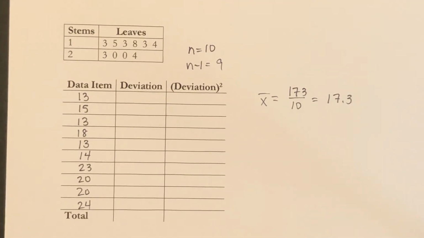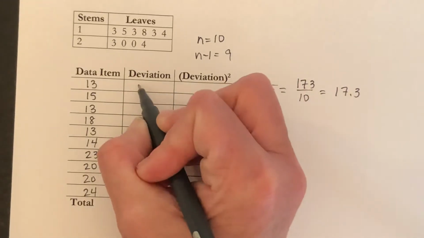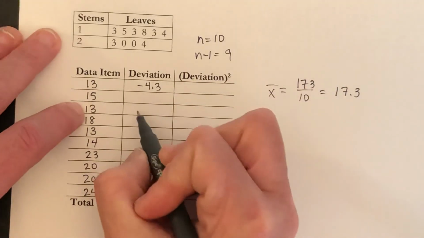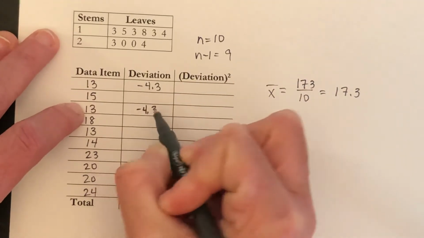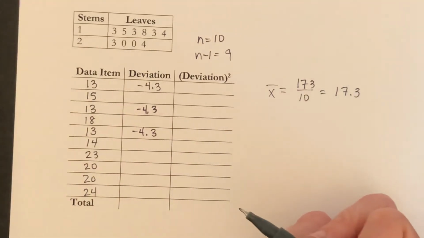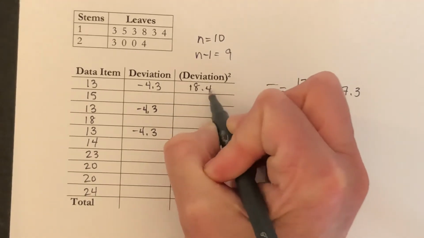Okay, so I just put that in memory into my calculator so I can do these subtractions. 13 minus 17.3 is negative 4.3. And I'm going to go ahead and square that since it's in my calculator at the moment. And that gives me 18.49.